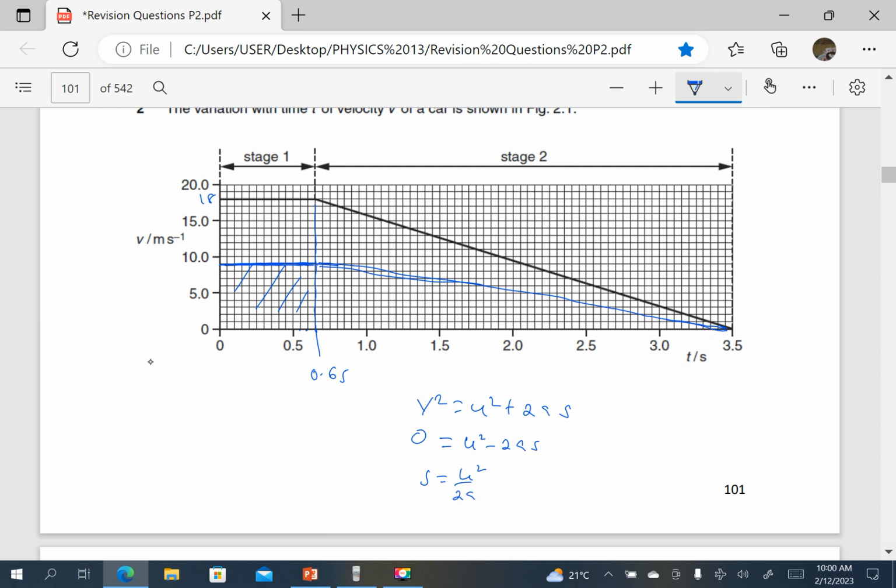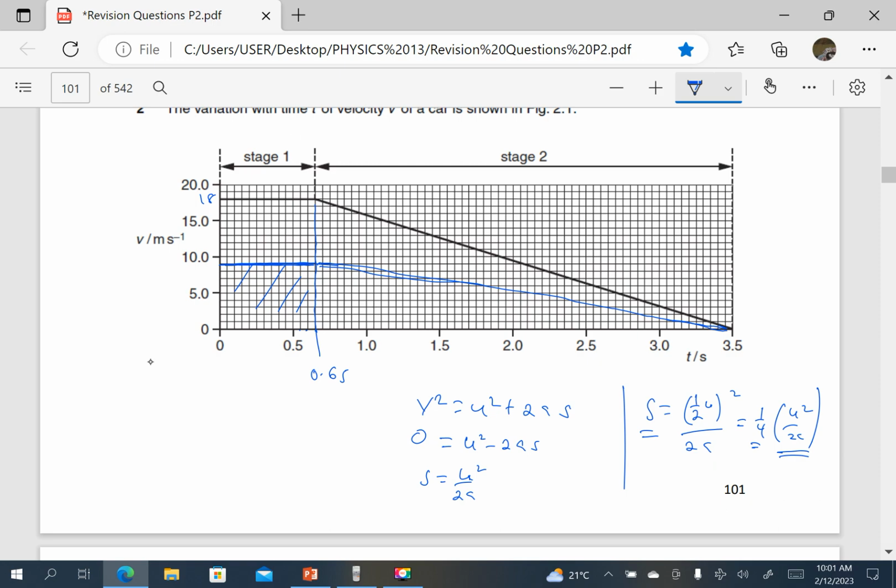Now, if u is halved, the new value of s is going to be a half squared, divided by 2a. That means this becomes a quarter times u squared divided by 2a, which means that the new displacement is a quarter of the original displacement.